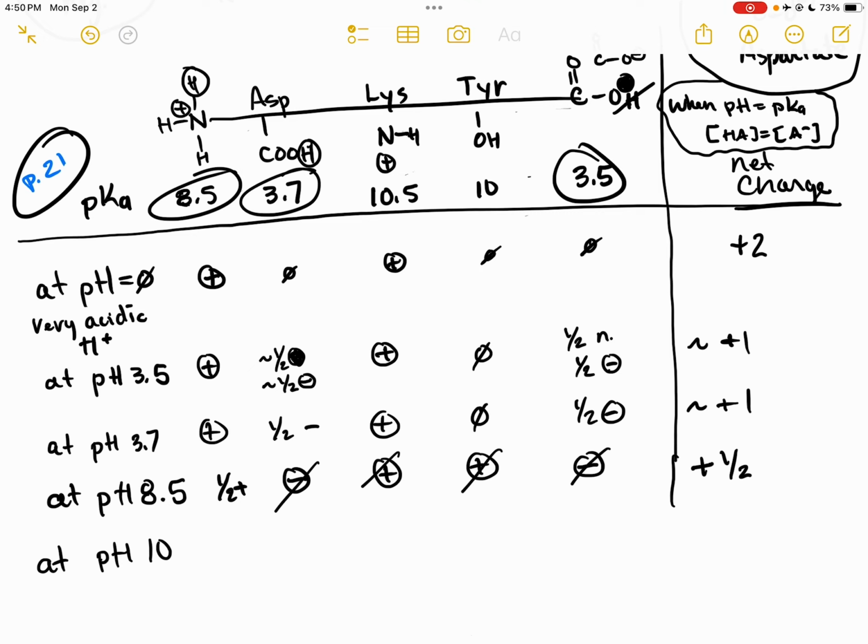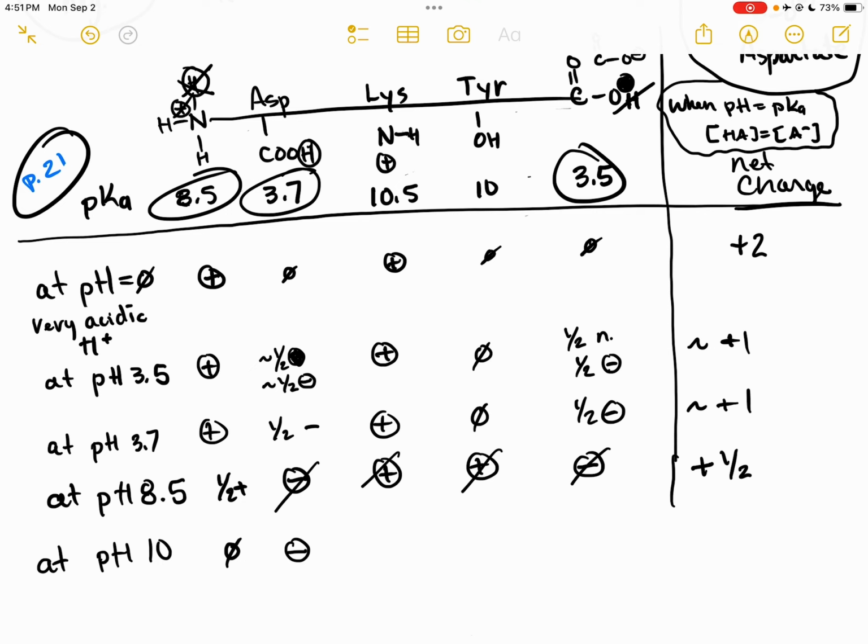Remember, once you get above 1 pH unit, 8.5 plus 1 is 9.5, that's where you start getting almost 100%. And we're above 9.5, we're at 10. So the base has removed all of those, so it's now going to be neutral. The aspartate is going to stay negative.